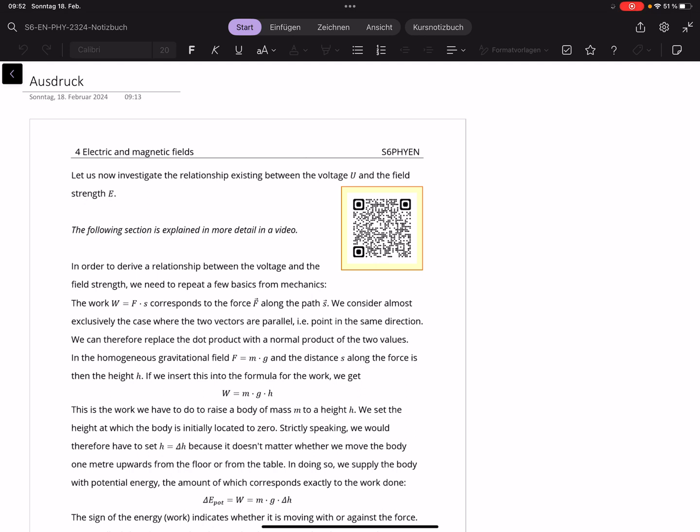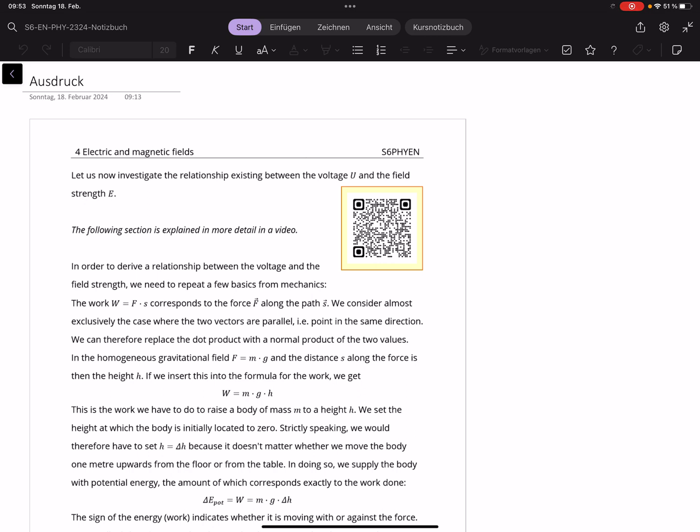So a mass causes a gravitational field, and if there is another mass within this gravitational field, the field supplies that second mass with what we call gravitational potential energy.